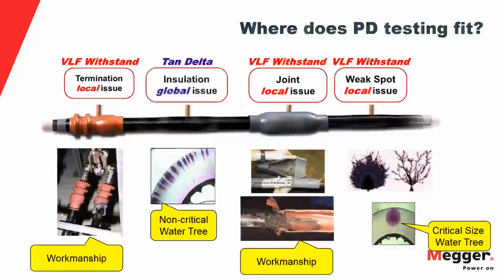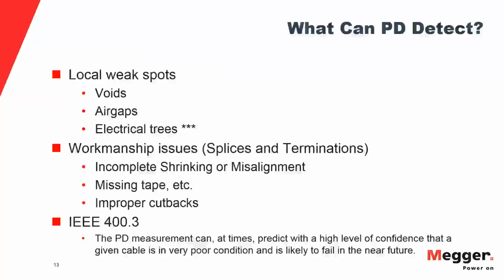So where does partial discharge testing fit into the overall scheme of testing? So we have here an example of workmanship issues and determinations, some distributed water trees, they're non-critical, some workmanship issues in a splice, and finally a critical size water tree.